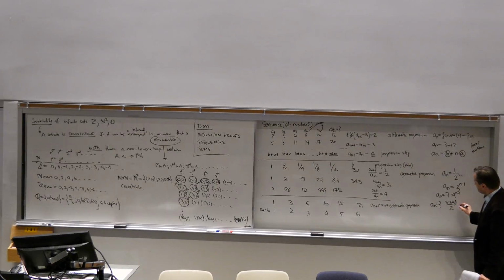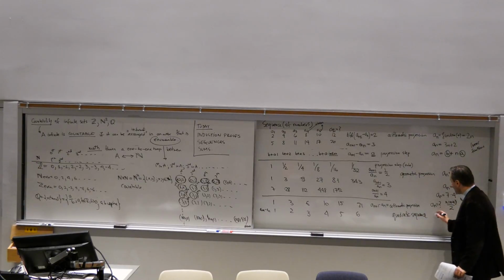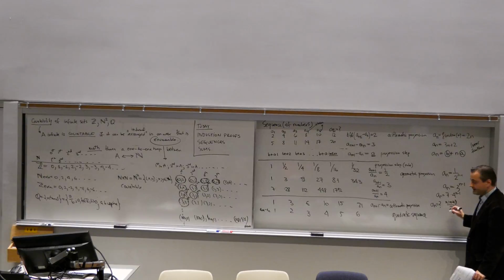This is a quadratic sequence. And the general form, which is correct in this case, is something like a n squared plus b n plus c.